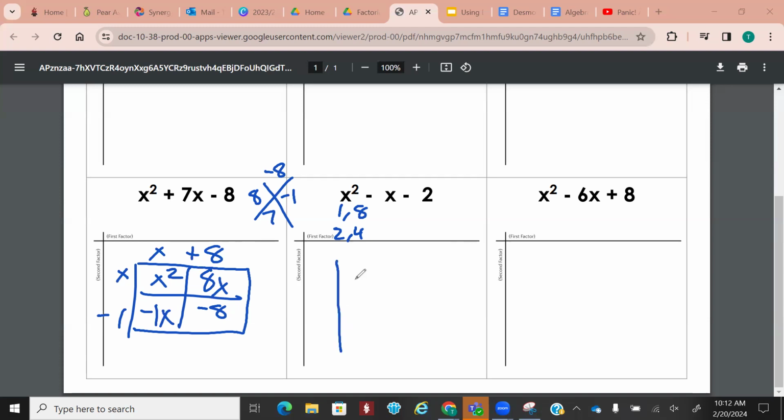All right, so let's look at the next one. Start a box. First term goes in the first box, last term goes in the last box. We're going to ask ourselves, what two numbers can I multiply together to get me -2, but add together to get me -1? Multiply to get you -2, add together to get you -1.